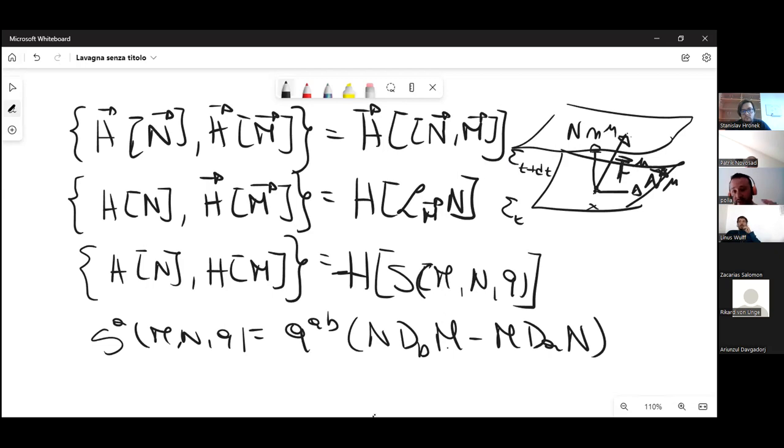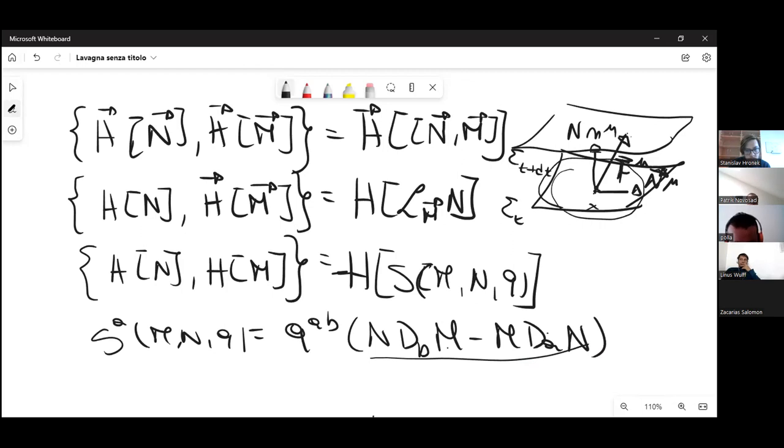So if we have this vector constraint or diffeomorphism constraint, it has the meaning to drag quantities in this sheet. Instead, this H has the meaning to shift along another one, or maybe better saying along the parameter evolution of the sheets. And of course, this here is not very clear.